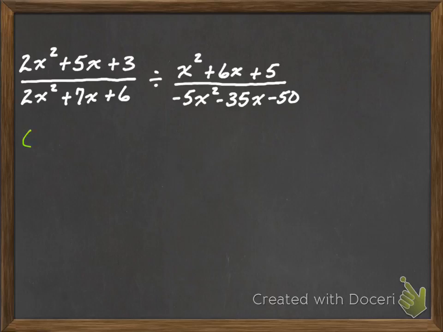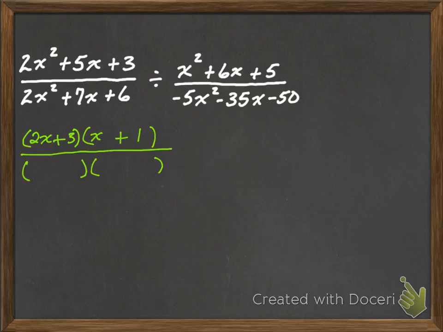So factoring the numerator goes down to 2x times 1x, and 3 and 1, everything is positive. Denominator is 2x, 1x, and then 2, 3, again, everything is positive.